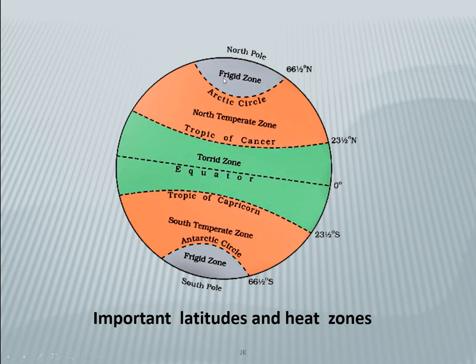There is a latitude at 66.5 degrees north of the equator, which is called the Arctic Circle, and there is another latitude at 66.5 degrees south of the equator, which is called the Antarctic Circle.